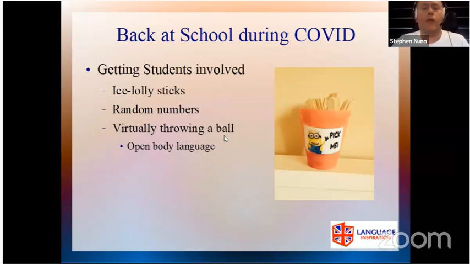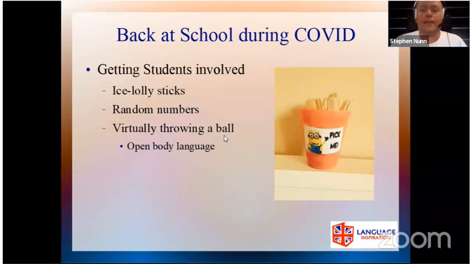Another way of involving students could be having numbers assigned to each student using a random number generator on the internet, just to make sure that all students are involved in the class, whether those numbers are allocated at each lesson, or perhaps we laminate some numbers on the tables, for example, that the students are using.